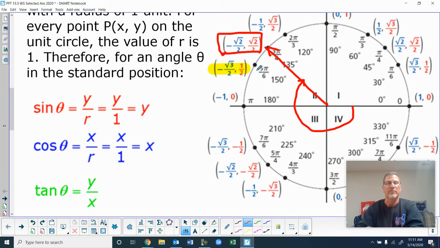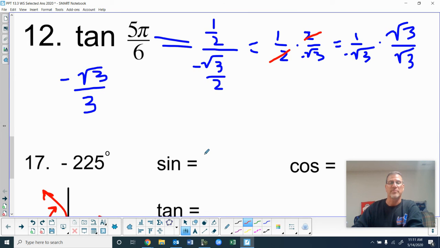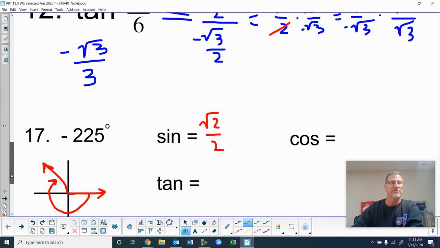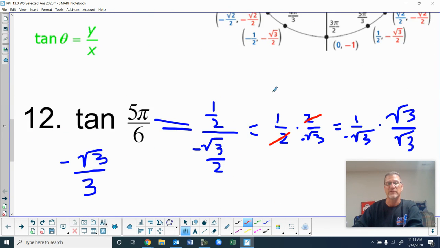Okay, so remember, we have to find the sine, cosine, and the tangent. So remember, the sine is the y. All right, so that's the positive radical 2 over 2. And the cosine is the x, which was the negative radical 2 over 2.